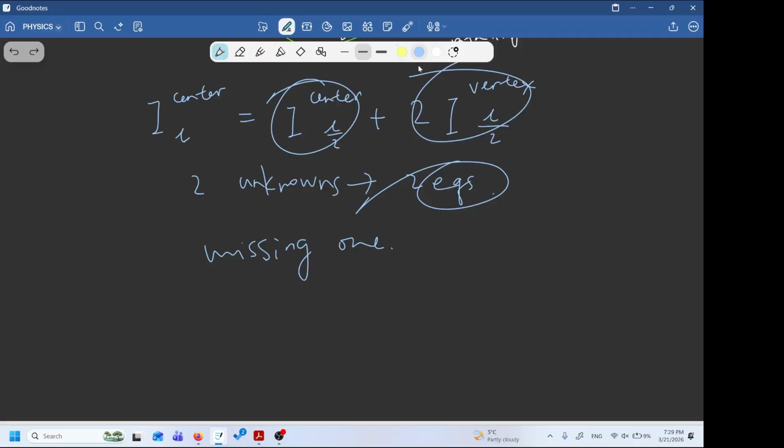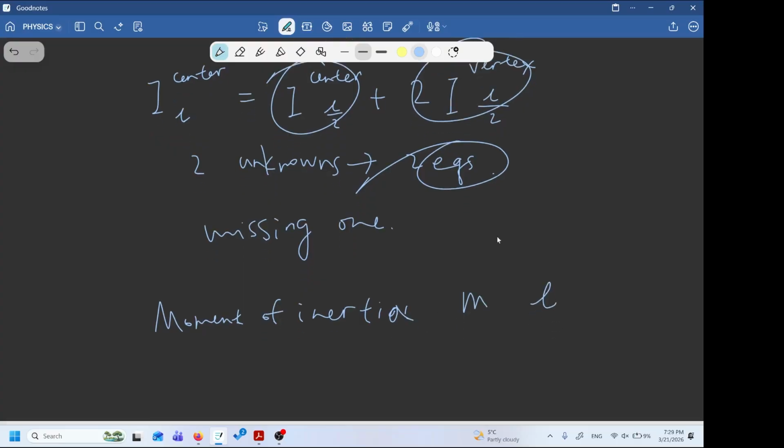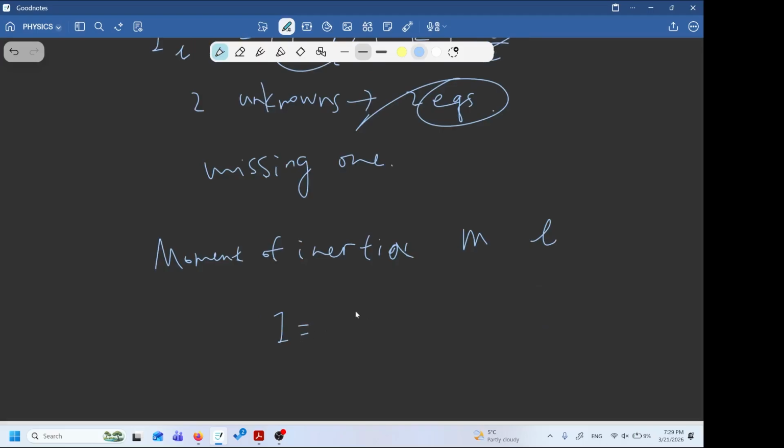So where can we get that second equation? Well, we can use a scaling idea. Basically, we know that moment of inertia depends on m and L. To make it more clear, we know that I equals the integral of r squared dm.